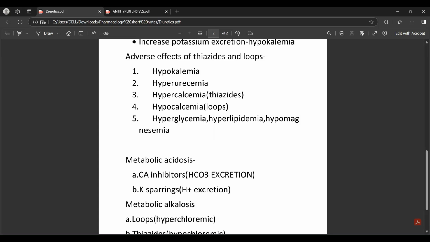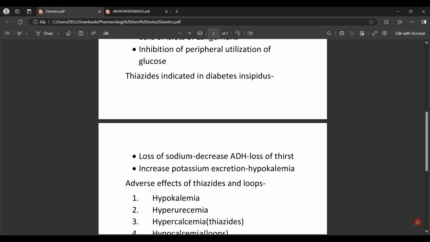And why carbonic anhydrase inhibitors? Because they increase bicarbonate excretion. When bicarbonate is excreted, H plus ions can't be neutralized, because according to our buffer system, they need bicarbonate. So without bicarbonate, you cannot neutralize. So H plus increases, and metabolic acidosis will occur.